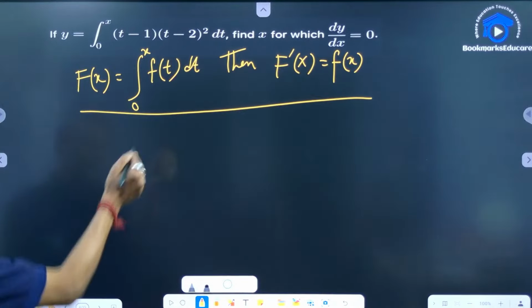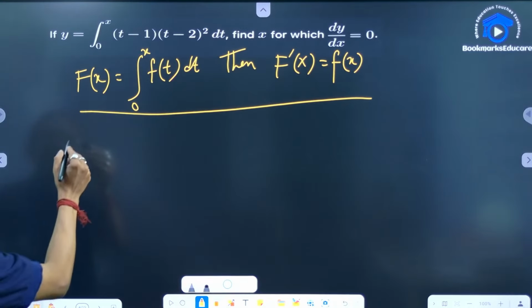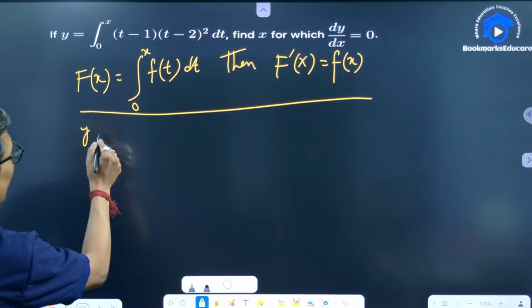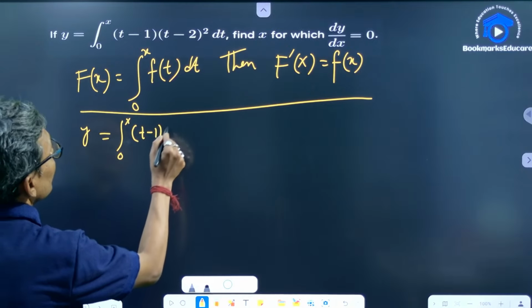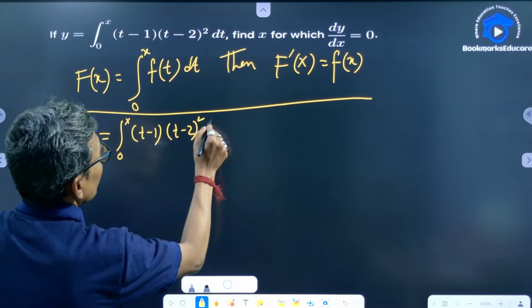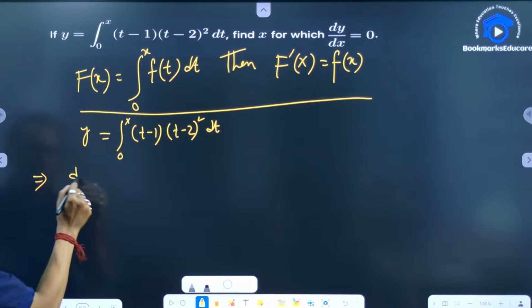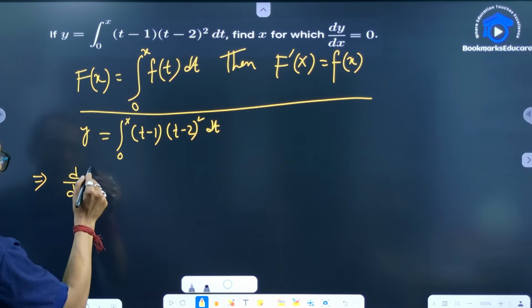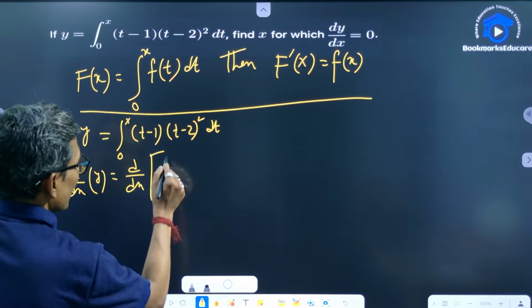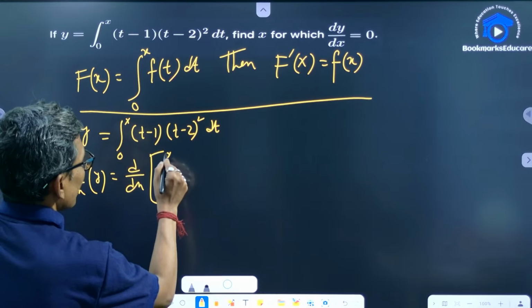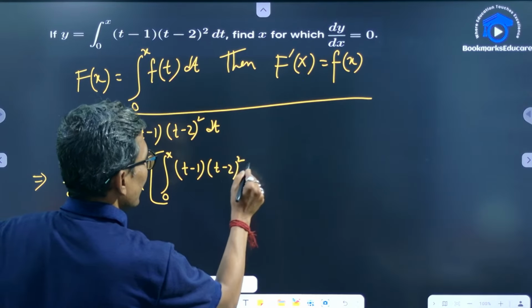So now, using this fundamental theorem of calculus in this sum, what we can get, first of all, I copy the sum. Differentiating on both sides with respect to x, d by dx of y is equal to d by dx of this portion, the integral from 0 to x of t minus 1 into t minus 2 whole square dt.